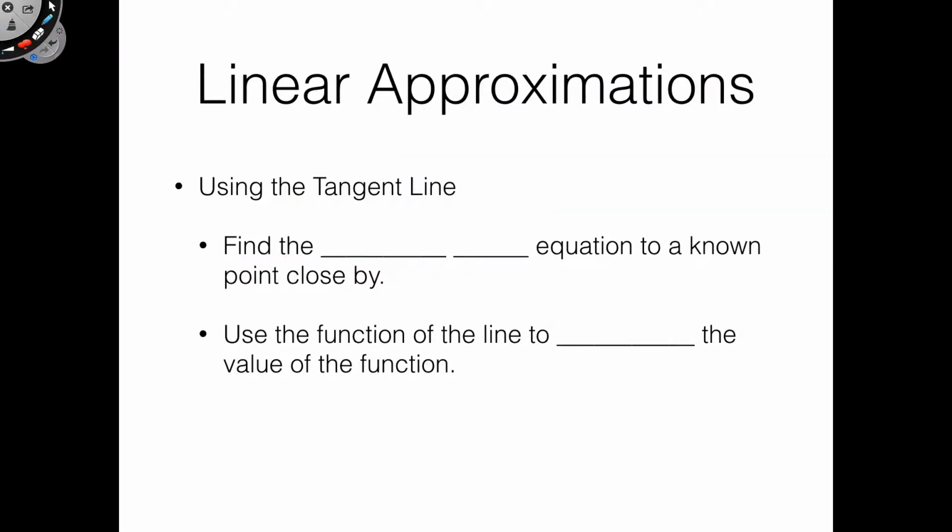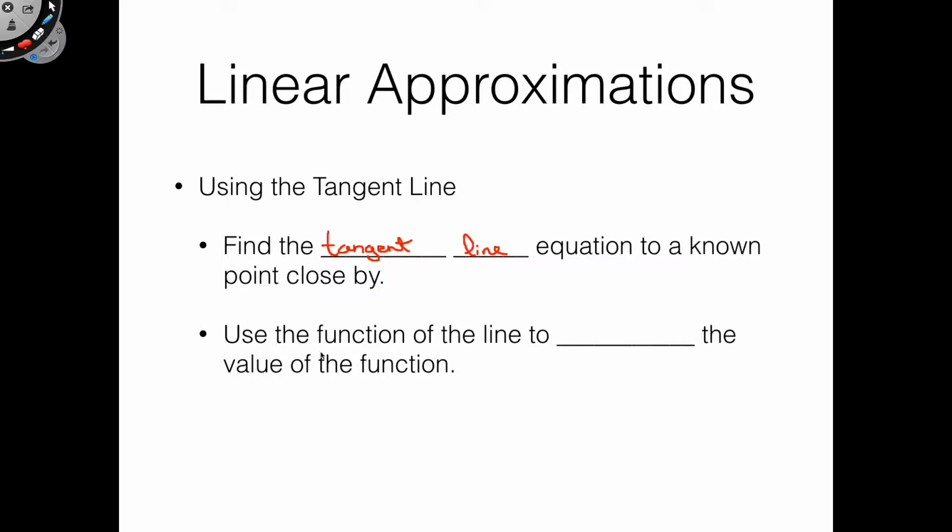There are two methods of linear approximations that we're going to cover. And the first one, which I like more, is the way of using the tangent line. This is a pretty straightforward way to understand, and it's also pretty useful for most points, right? So here's what you do. You find the tangent line equation to a known point close by to the value you want to solve.